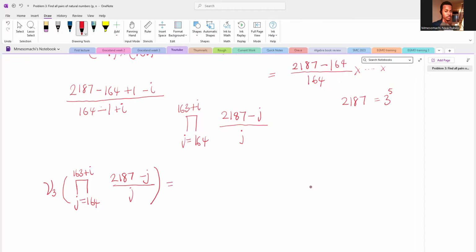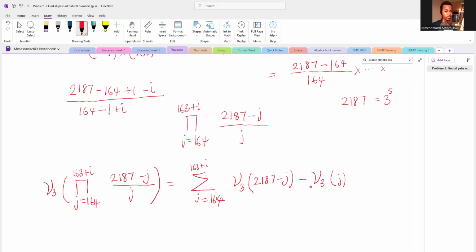So this is equal to the sum from j equals 164 to 163 plus I of the periodic value of 3 in 2187 minus j, minus the periodic value of 3 in j.